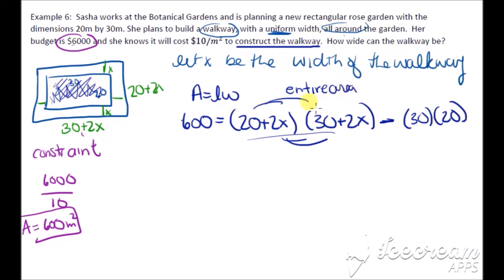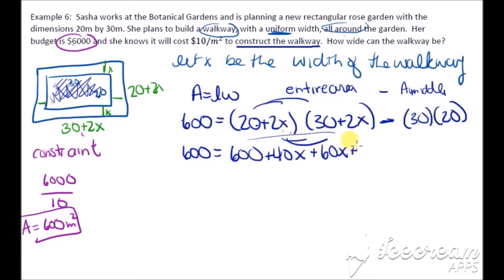So now we have the entire area minus the area of the middle, which is the garden. And this gives us what's left over, which is the area of the walkway. So now we expand. 20 times 30 is 600. 20 times 2x is 40x. 2x times 30, 60x. 2x times 2x, 4x squared, minus 600.